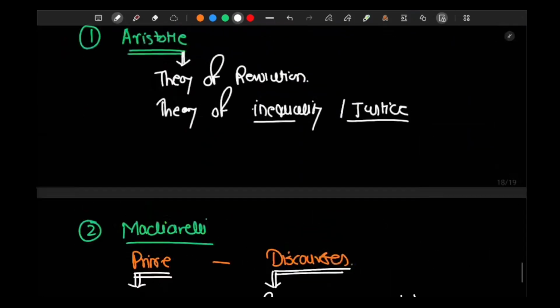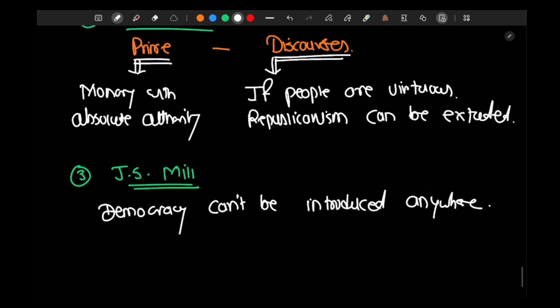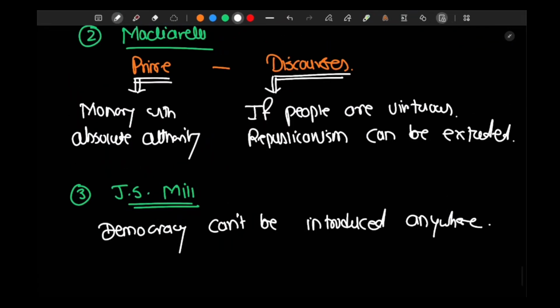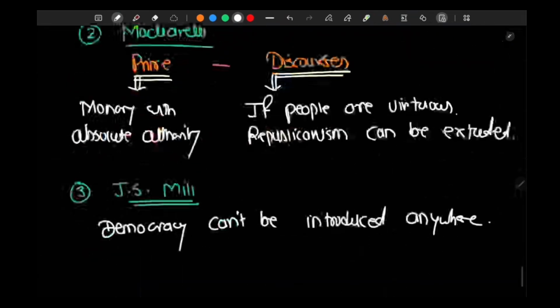So all these three thinkers give a sociological account of how politics should work. They make distinctions between people and between societies, and on the basis of that analysis they suggest that there should be a particular type of political system in that society. This was the original work with respect to political sociology.